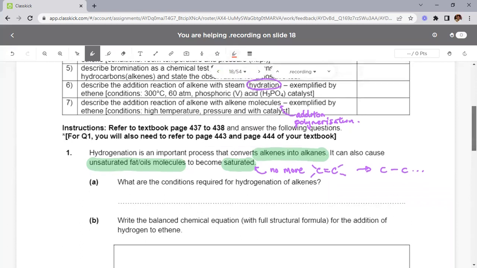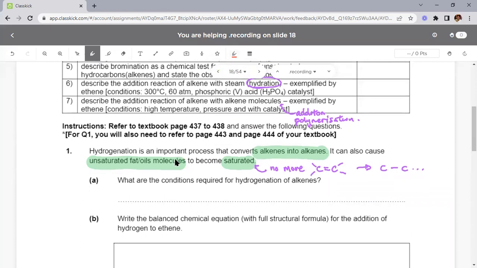So back to the question. What are the conditions for hydrogenation? In organic chemistry, you realize there's this idea of conditions. That means in order for the substances to react, you need to give it a certain temperature, maybe even with a catalyst or pressure.